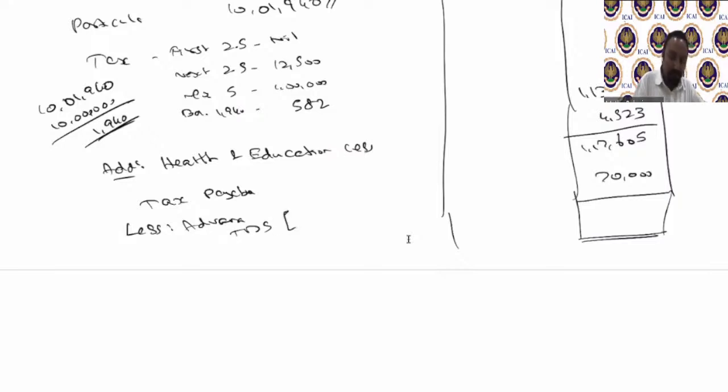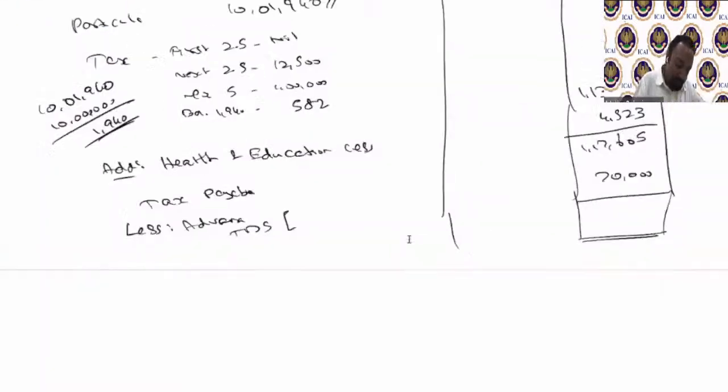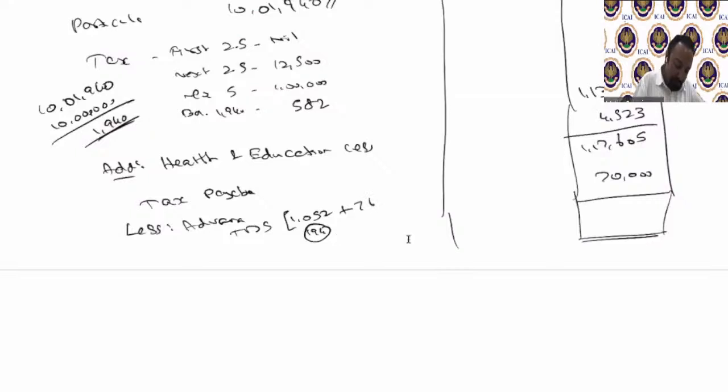So it will be 10% of your dividend income, which is 1052 under section 194, plus 760 under 194K. That is your Unit Trust of India, your mutual funds. So any mutual fund is covered under 194K, where it is 10%.